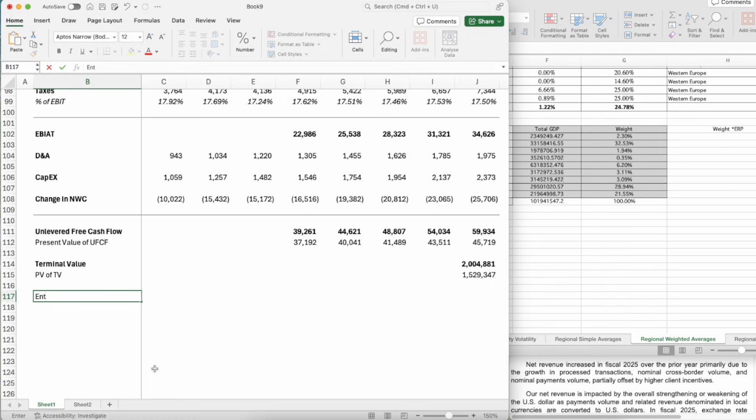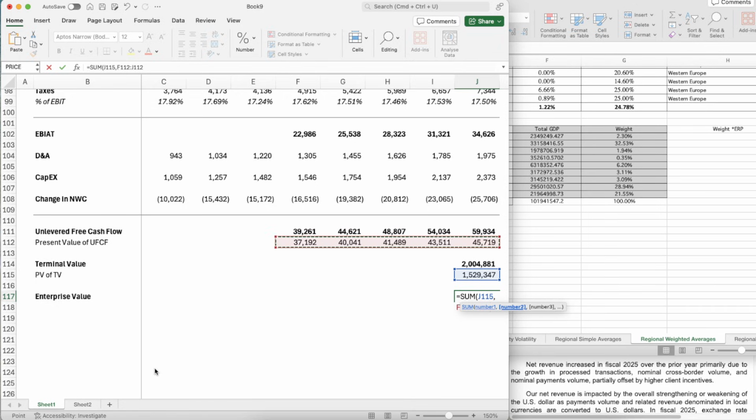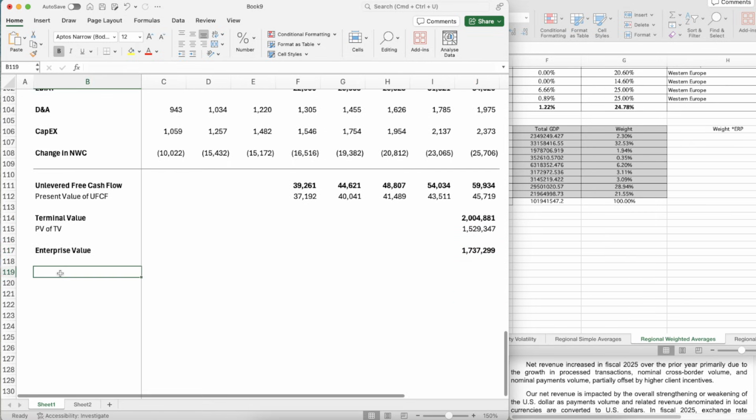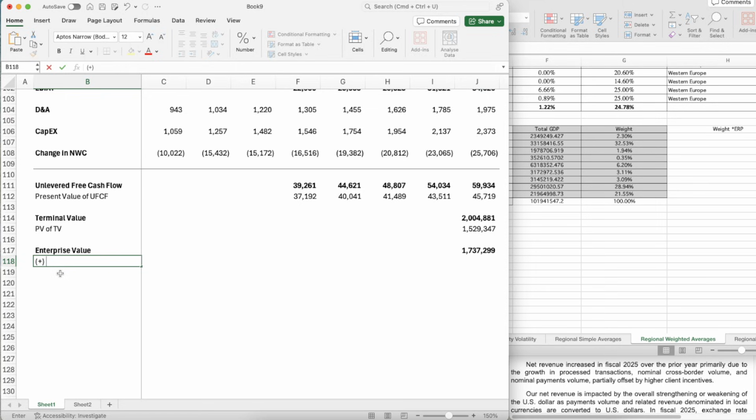The next step after the present value of terminal value is your enterprise value. You go equals sum, you take the present value of the terminal value and all the present value of the cash flows we've forecasted. The next line is add cash, subtract debt. We know what the debt is because we've used it for the WACC.